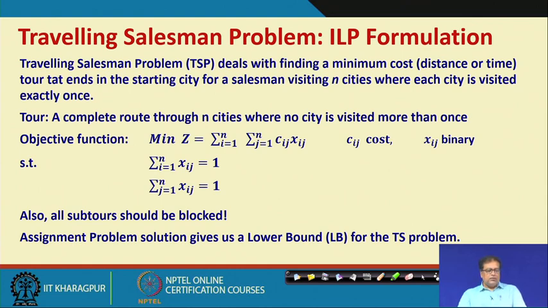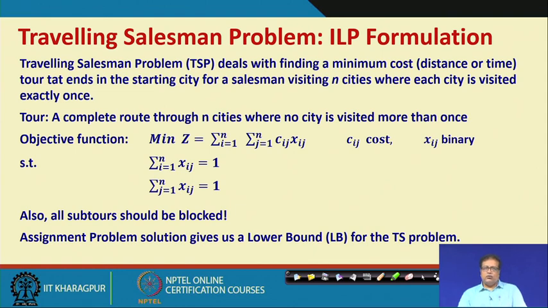Because of the nature of the problem, the formulation becomes minimize z equal to sum over i, sum over j, c_ij x_ij, where i is the starting city and j is the ending city, and x_ij will have only 0 or 1 value, subject to the sum over x_ij equal to 1, sum over i as well as sum over j.